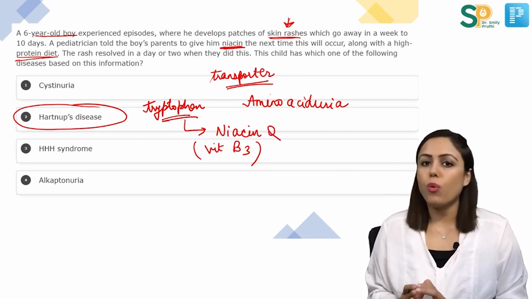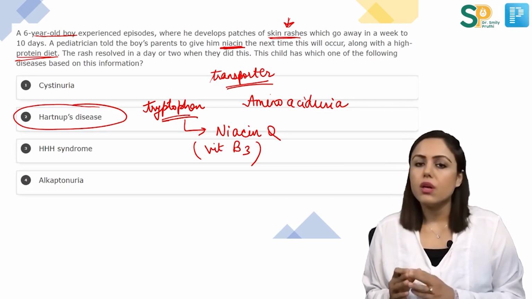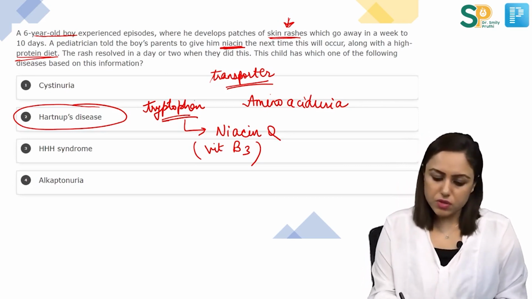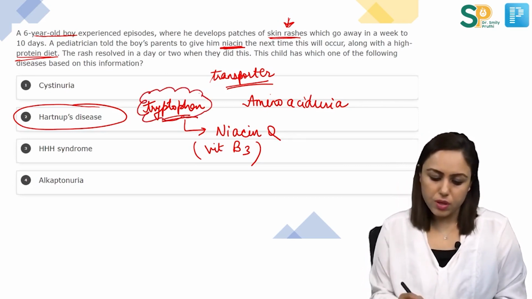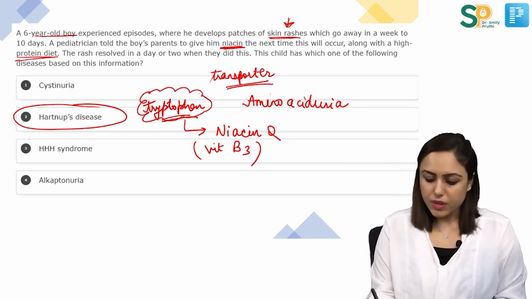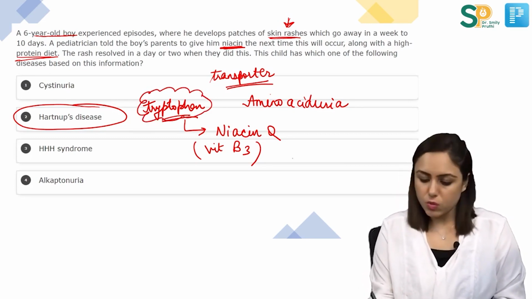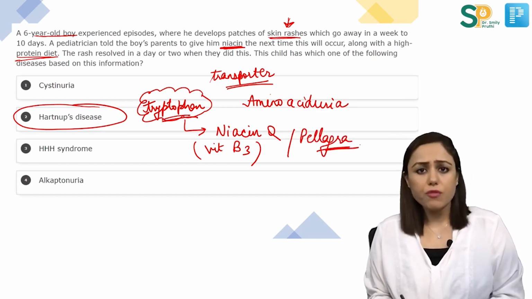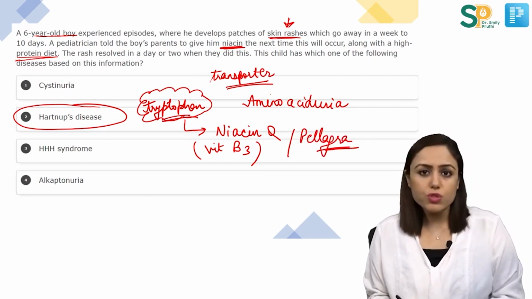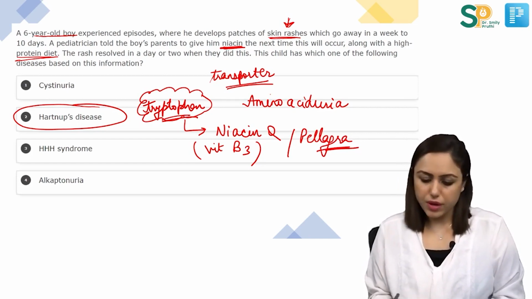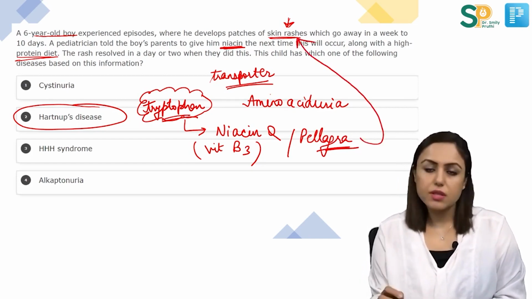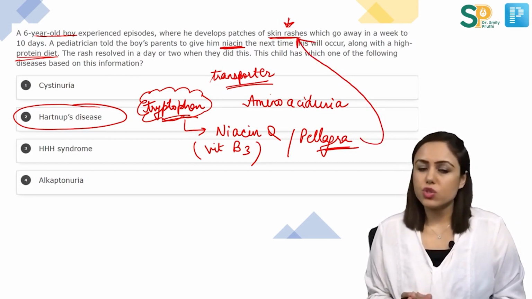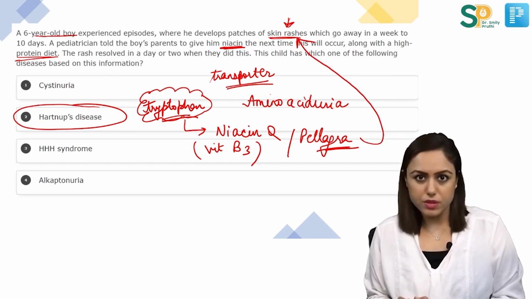This can be formed from the amino acid tryptophan normally, right? But when there is deficiency of tryptophan in the body in Hartnup disease, then deficiency of niacin will occur. That is known as pellagra, where patients have photosensitive dermatitis, right? That's why this patient has this rash, and the rash was relieved after giving niacin.